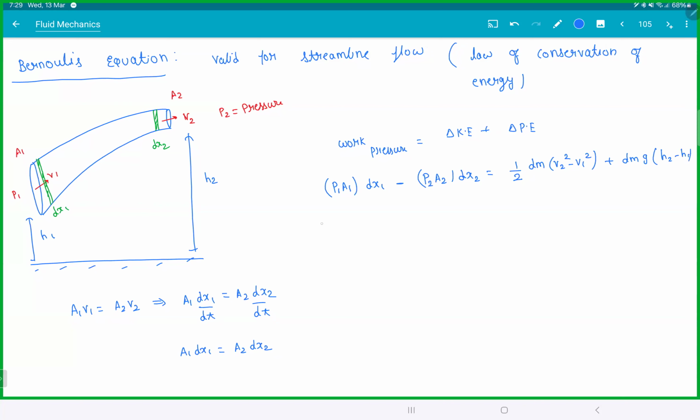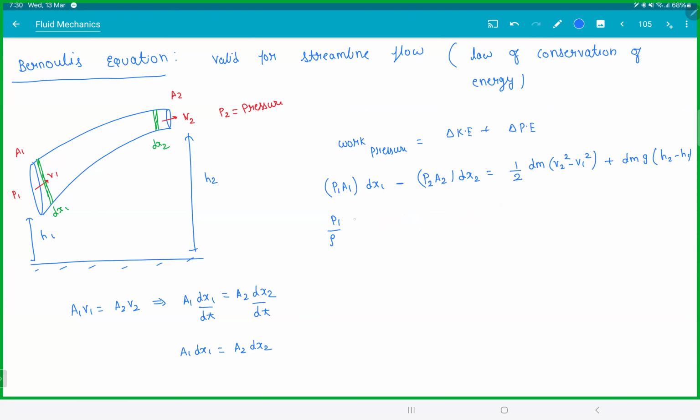So we can arrange this. P1 A1 dx1, P2 A2 dx2, dm is nothing but rho, again, you can choose any one, A1 dx1. Mass is same. Half dm (v2 square minus v1 square) plus dm g (h2 minus h1), dm again is rho A1 dx1. Or, best thing, I'll just multiply and divide by rho here.